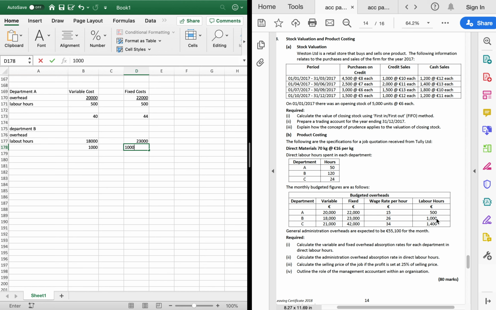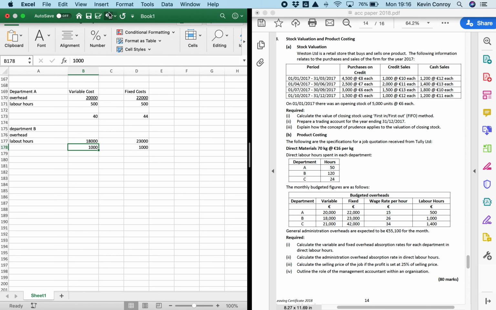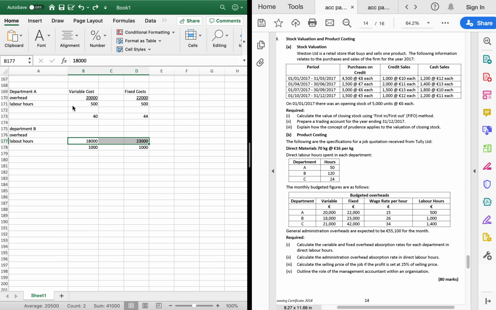Obviously makes it nice and easy. So 18,000 divided by 1,000 and 23,000 divided by 1,000. That'll be 18 euros per hour and 23 per hour.